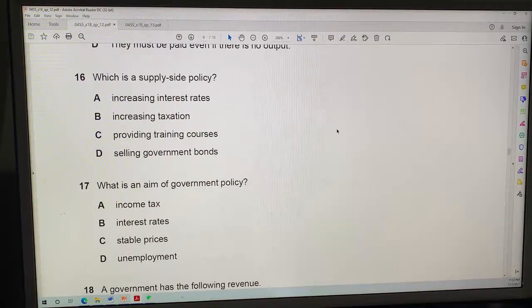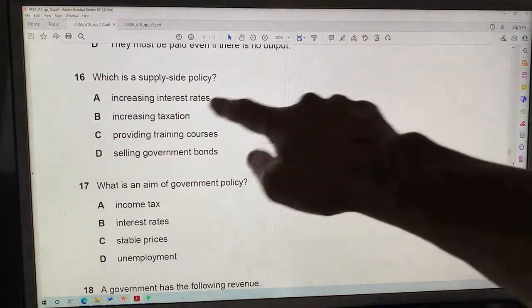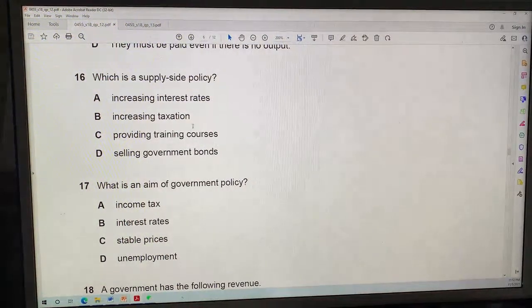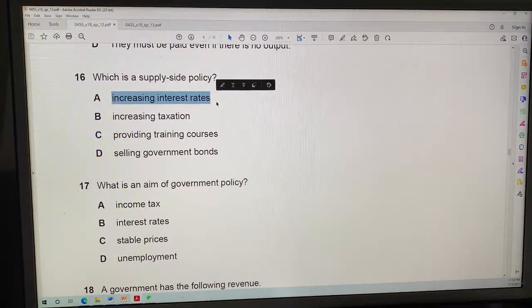How about question 16? Which is a supply-side policy? Supply-side policies aim to increase production, to increase the quantity, and perhaps improve productivity. So increasing interest rates, that's monetary policy.